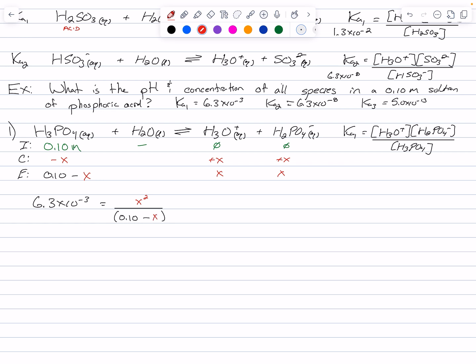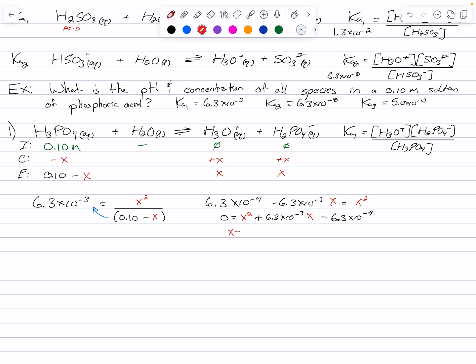Well, I don't think I'm going to approximate here because the difference is not 1,000. So I'm going to bring it up. We got 6.3 times 10 to the negative 4 minus 6.3 times 10 to the negative third X equals X squared. So that means 0 equals X squared plus 6.3 times 10 to the negative third X minus 6.3 times 10 to the negative 4.